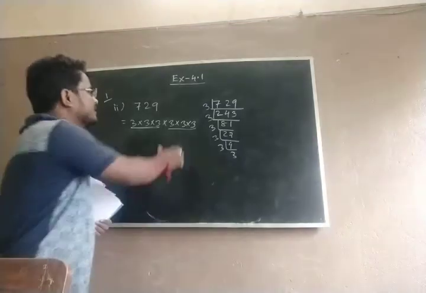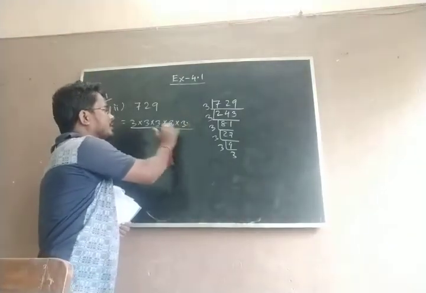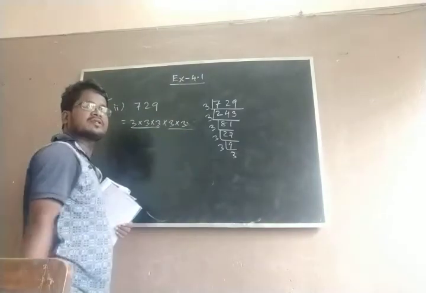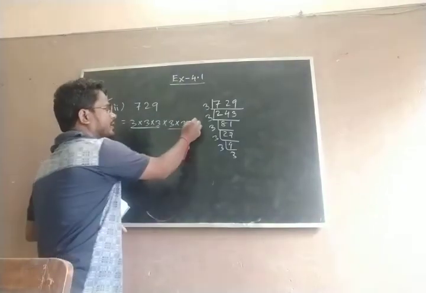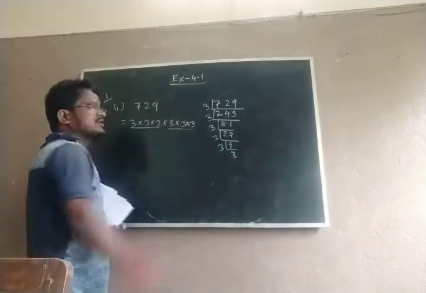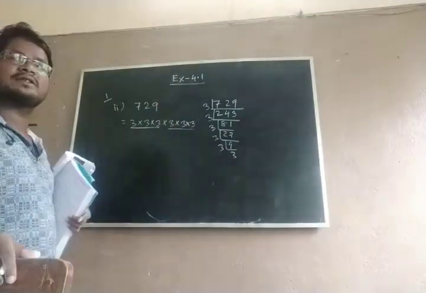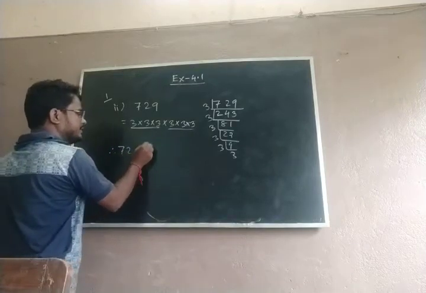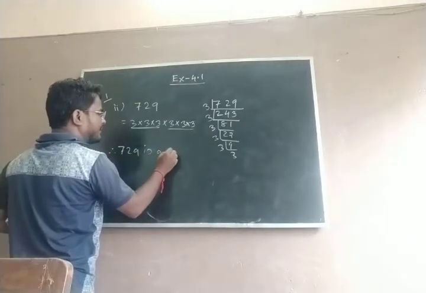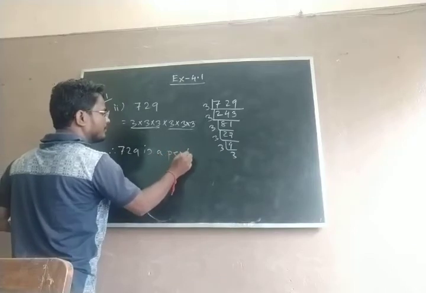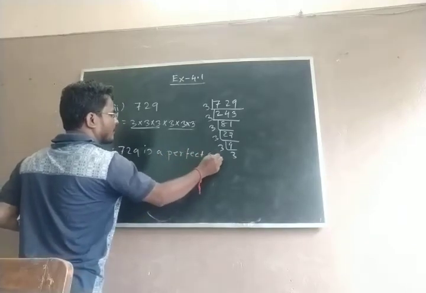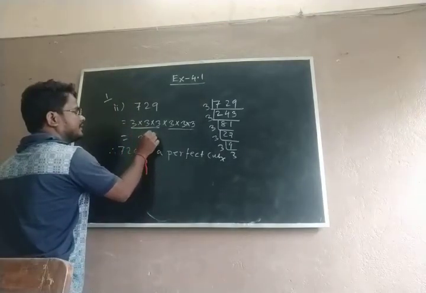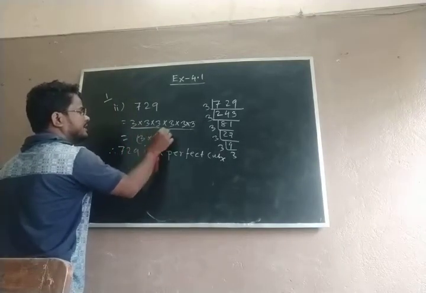If one is short, suppose it is not given, it does not make the cube. But the given number is 729. From this we can see that 729 is a perfect cube. It means we can express the number as 3 into 3, then its cube.